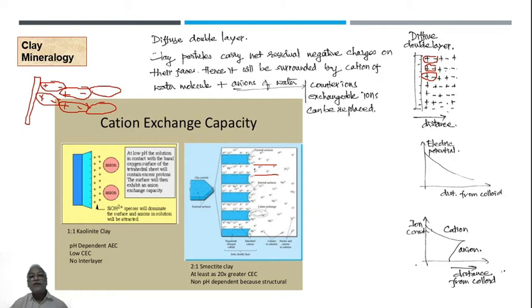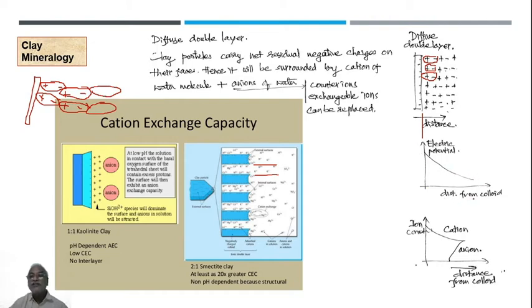The capacity of attraction of these molecules is shown here. This is the surface, and the same reference is shown here. As you move away from the surface, the attraction between the clay mineral and the water molecules or cations will be decreasing, so the electrical potential will be continuously dropping.